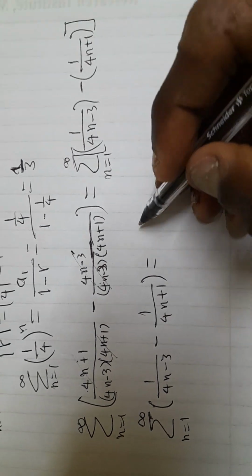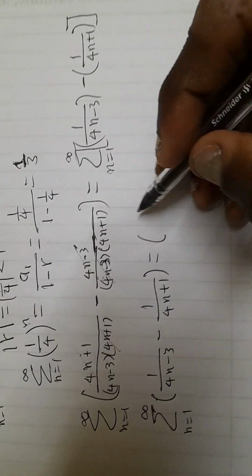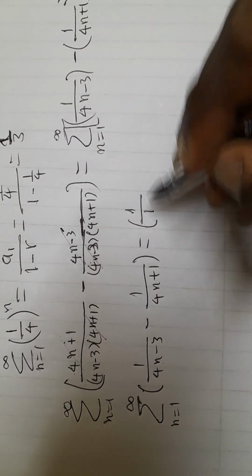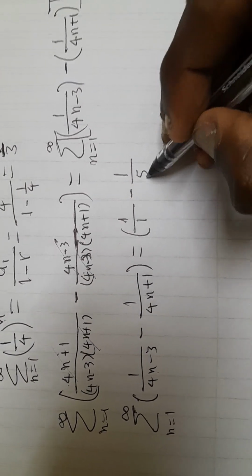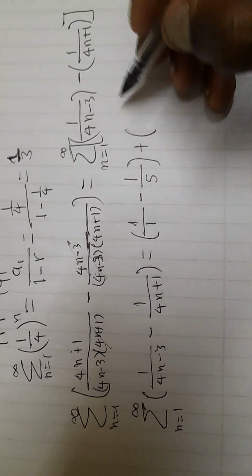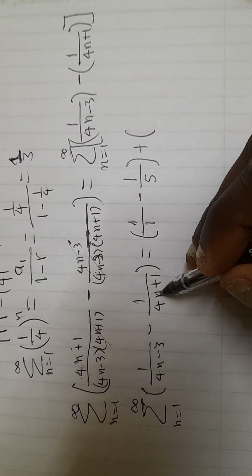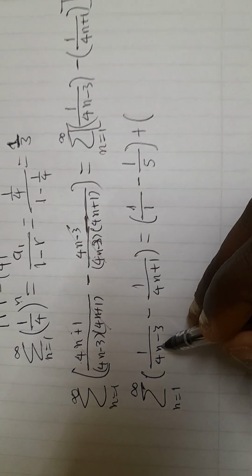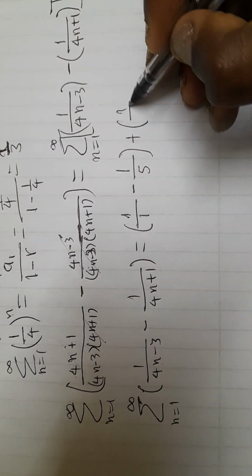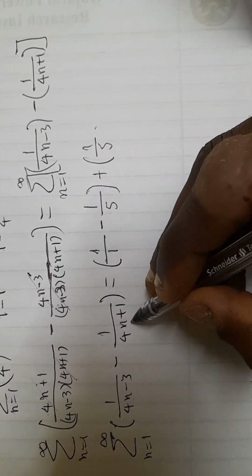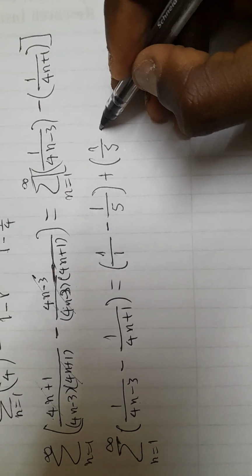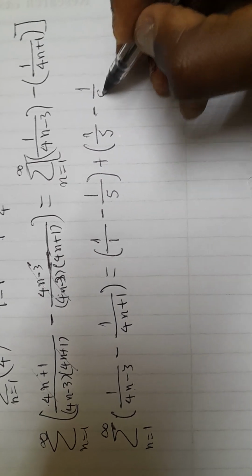Now that I have this expression in partial sum, I'll do this: 1 upon 4n minus 3 minus 1 upon 4n plus 1. Suppose when n is equal to 1, you get 1 minus 1 upon 5. Now when n is equal to 2, if you put here 2, you get 8, 8 minus 3 is 5, 1 upon 5. And 8 plus 1 is 9, you get minus 1 upon 9.